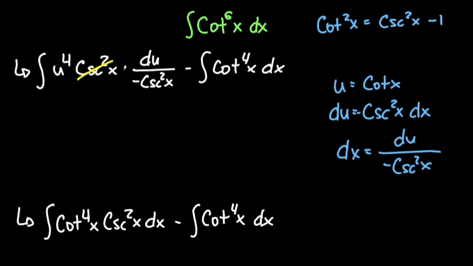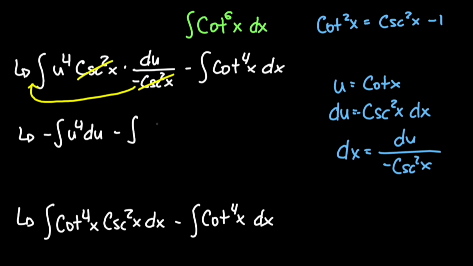The cosecant will cancel and the negative here would go outside. So what we have left is negative the integral of u to the power of 4 du minus the integral of cotangent to the power of 4 of dx.